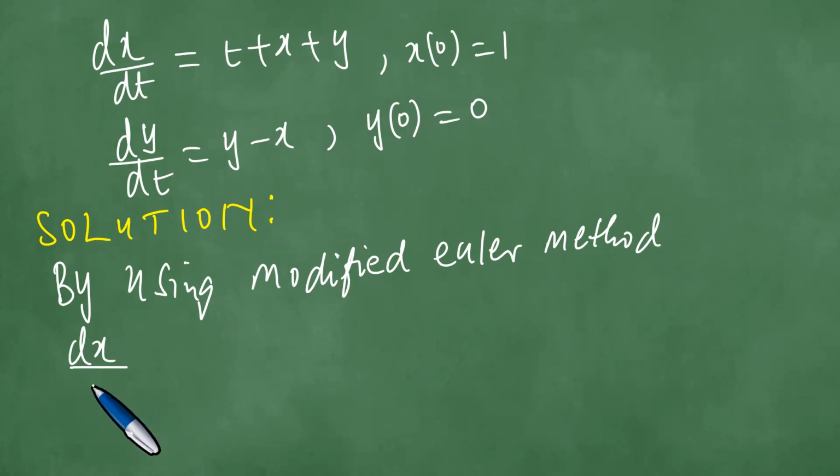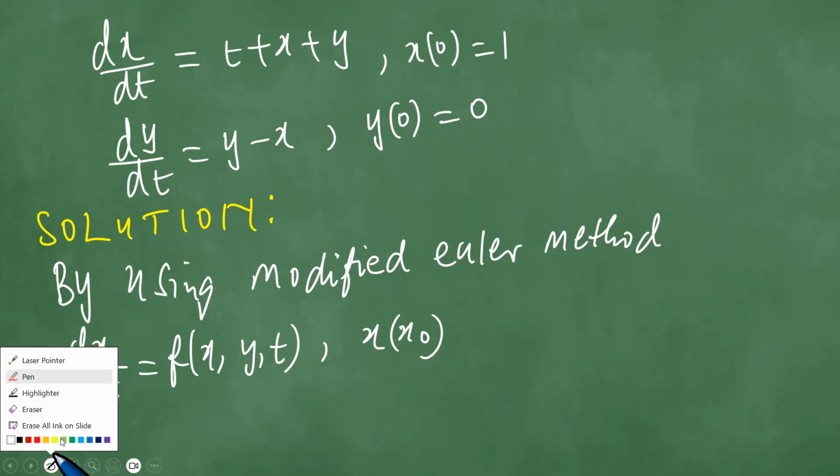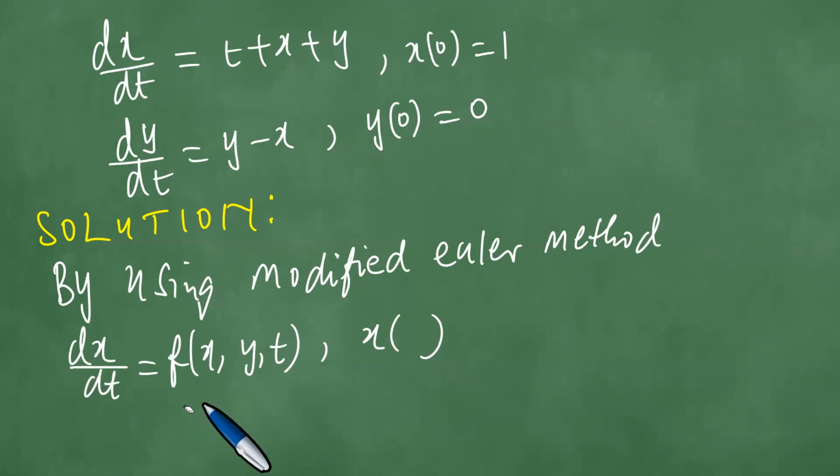We have the dx dt. According to this, dx dt is a function f of x, y, and t. But we have that x of t0 is x0.